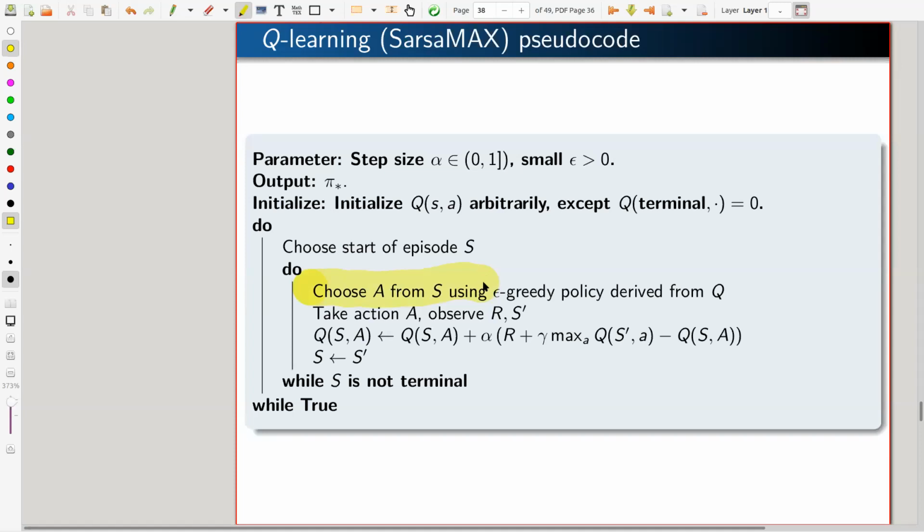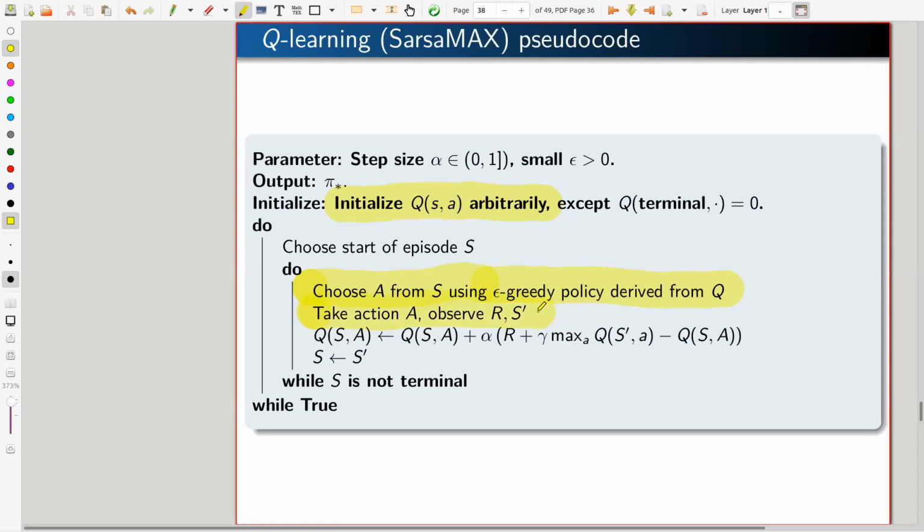Choose an action from a policy derived from the table Q. You have at the beginning a table of Q values, and we are updating these values. Nothing new up to now. And now take the action and observe what happens, the reward and the next state.